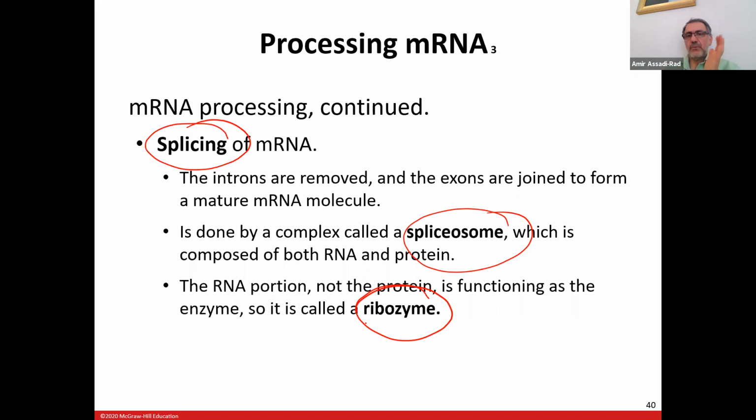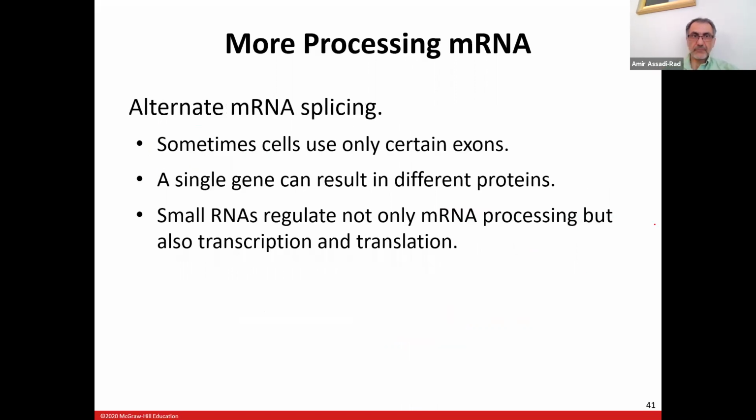And here we go, they found an enzyme that is not made up of protein. It's made up of RNA. So this is the only enzyme on planet Earth, so far as we human beings know, that is not protein. It's an RNA molecule.